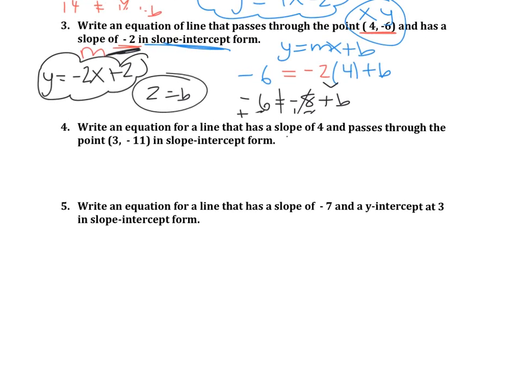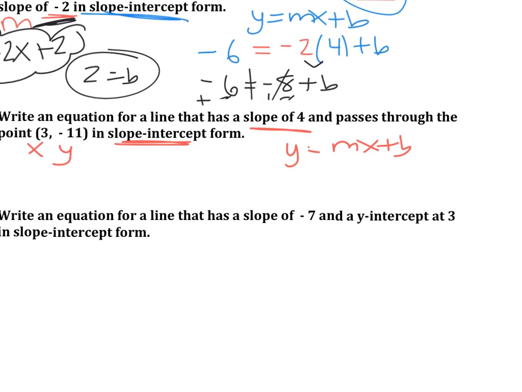Okay, so for question 4, very similar to question 3. The slope is 4. Here's my point, my x and y. I'm still in slope-intercept form, so I'm still in y = mx + b. I plug everything in. Negative 11 is my y. 4 was my m. 3 was my x, plus b. 4 times 3 is 12.